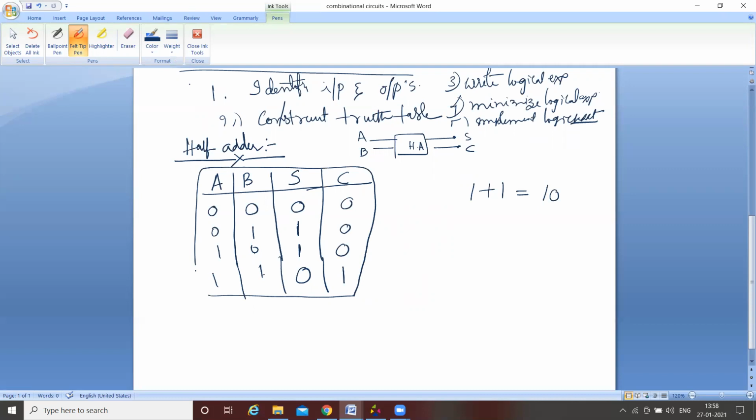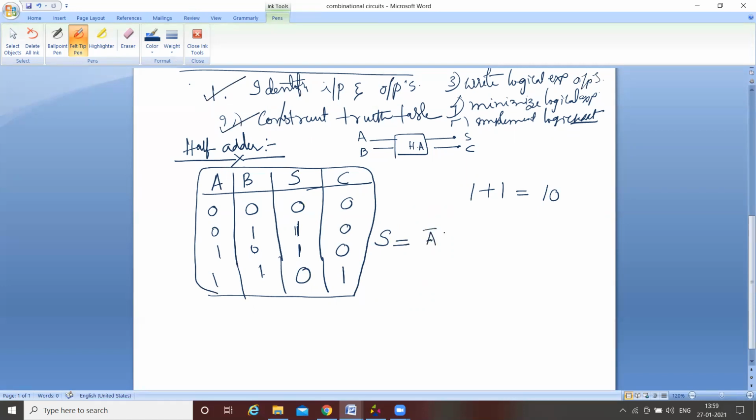Here, first of all I identified the inputs and outputs, and next I constructed a truth table and wrote a logical expression for the outputs. What are the outputs? Sum is one of the outputs. So the logical expression: wherever 1 is there, take the respective inputs.